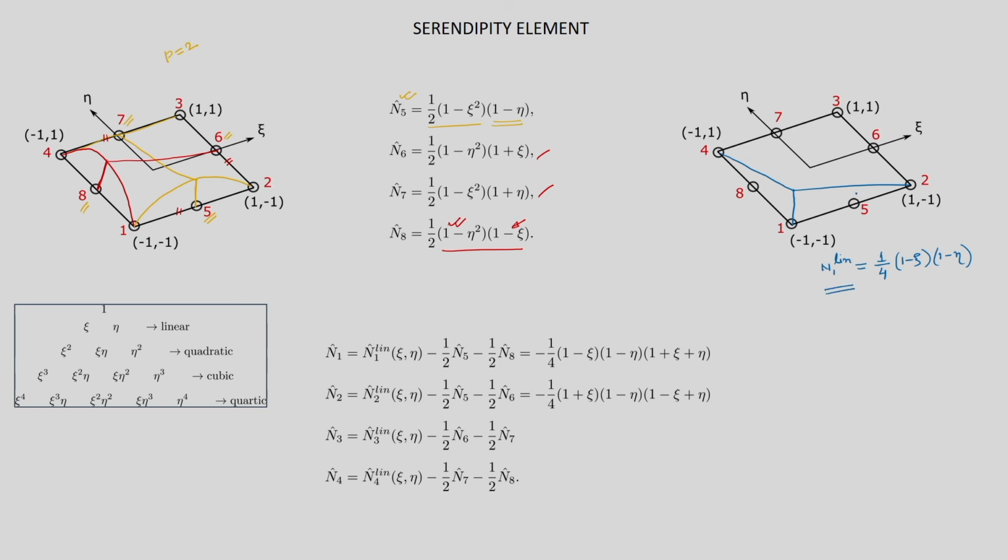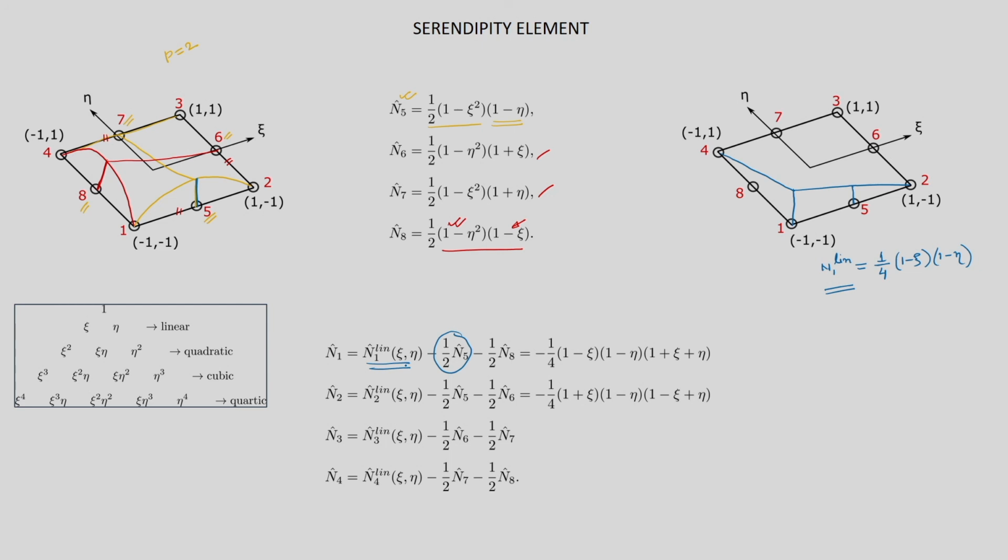Now, N1 linear has a value half at node 5, and N5, which we constructed here, has a value 1 at node 5. So, we will subtract half of N5 from N1 linear.